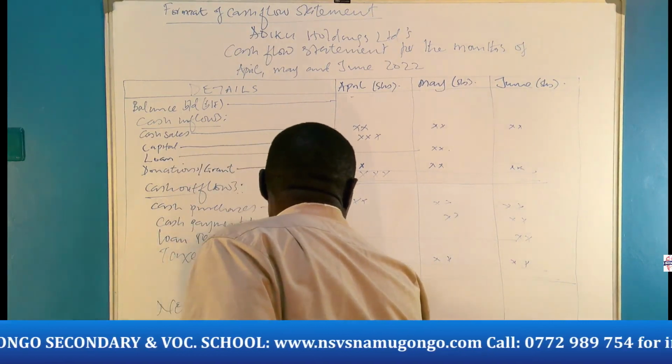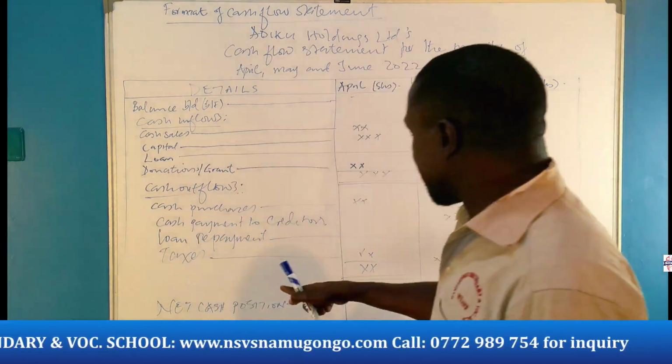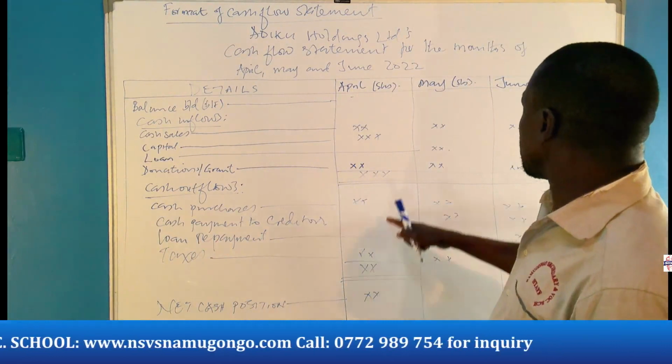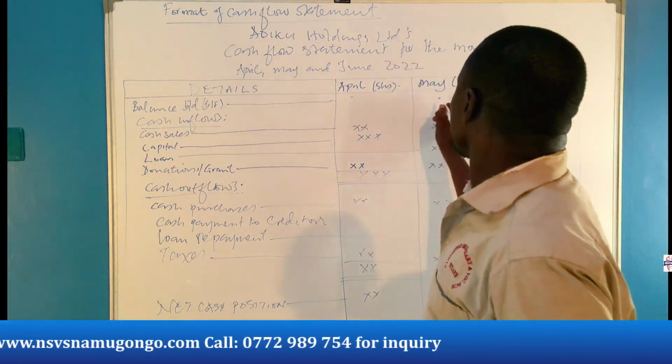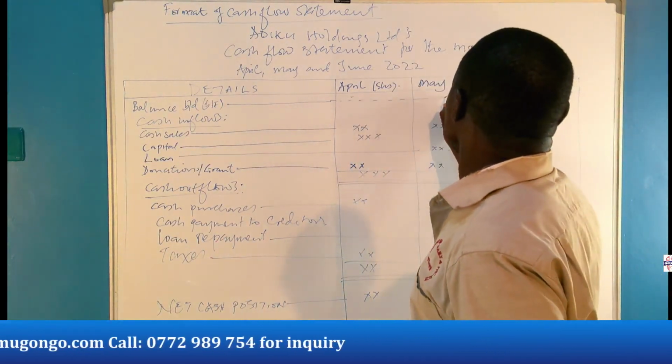And this net cash position will be here. And the same net cash position is taken up here. It is going to be taken here.